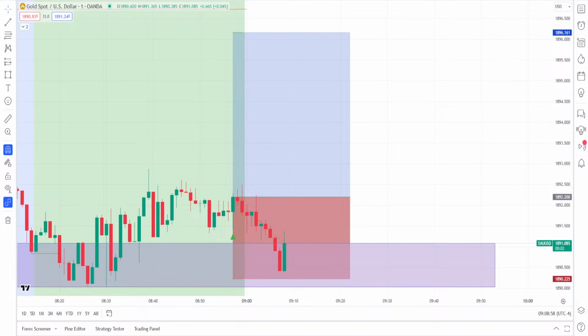I'm thinking about taking this setup right here. It's in the support zone. I'm thinking it's a good trade, but it may just break support. It wouldn't be breaking the rules as well because it's just after 9.